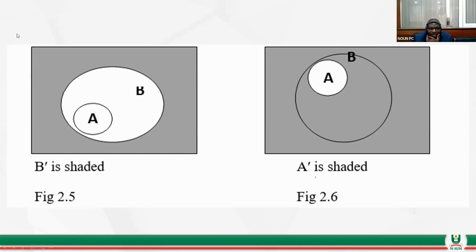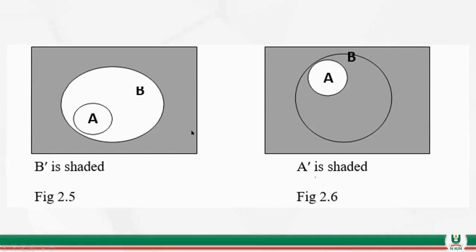And look at it now. This is the universal set. Can you see the universal set? Yes, sir. That is the rectangle. The universal set is the set that contains all other sets in question. You have set A, set B. They are contained in the universal set.